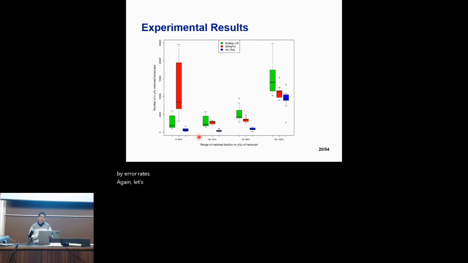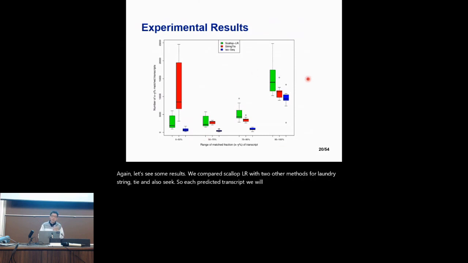Again, let's see some results. We compared Scallop-LR with two other methods for long reads, StringTie and another RNA-seq assembler. Each predicted transcript will be put into one of four categories.